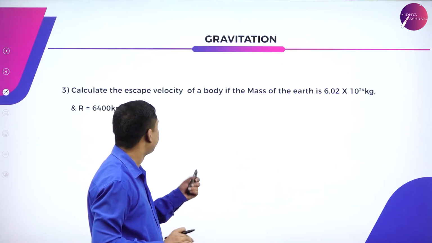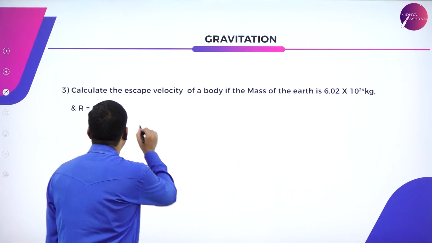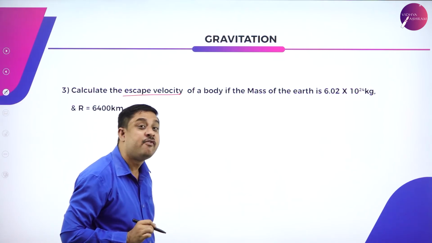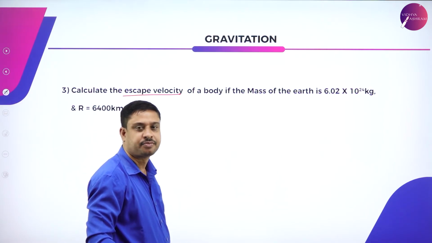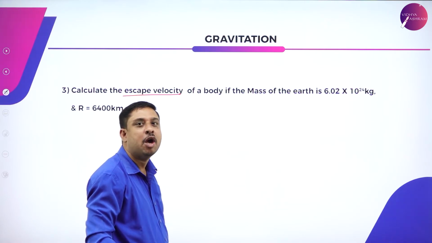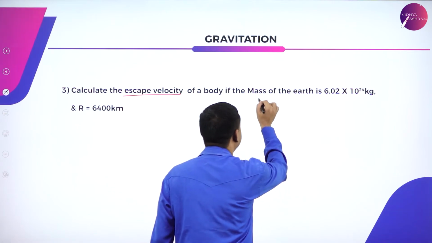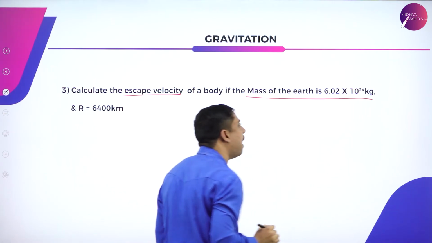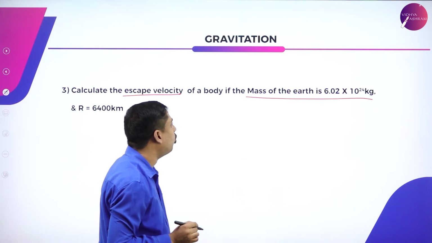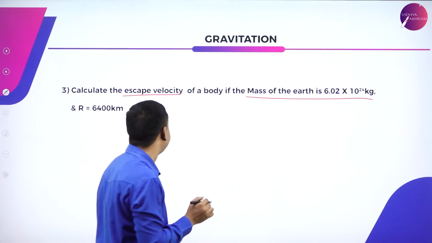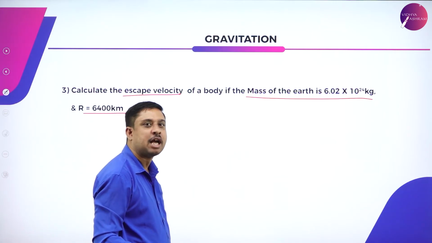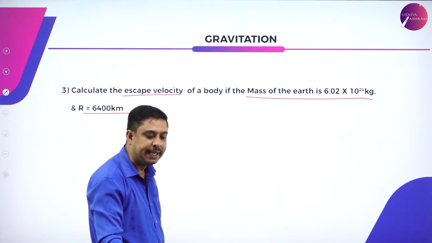The next one. Calculate the escape velocity of a body. If the mass of the earth is 6 into 10 power 24 kg and radius is 6,400 kilometer.